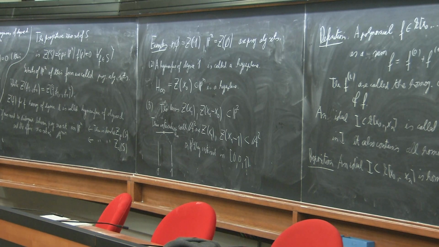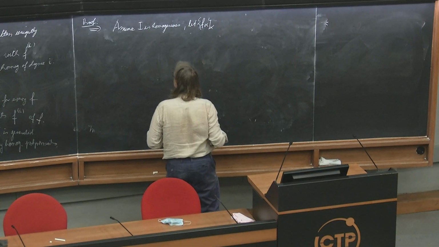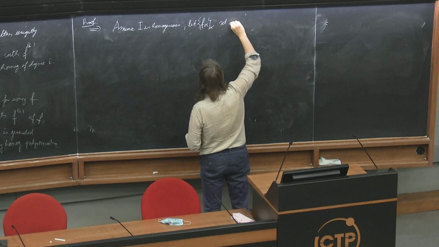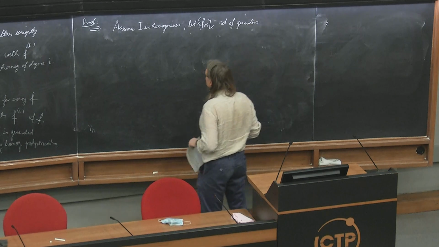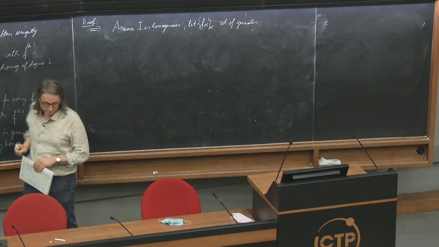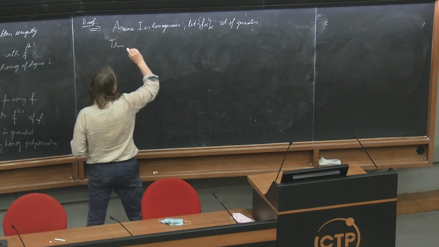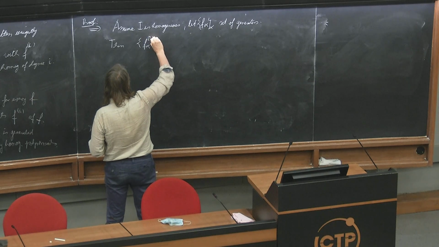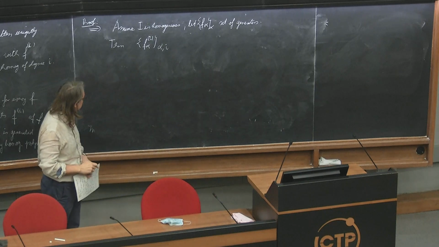Let f alpha be a set of generators. Then I can just take all the homogeneous components of all the elements, f alpha i, and now let alpha and i run over all possibilities.